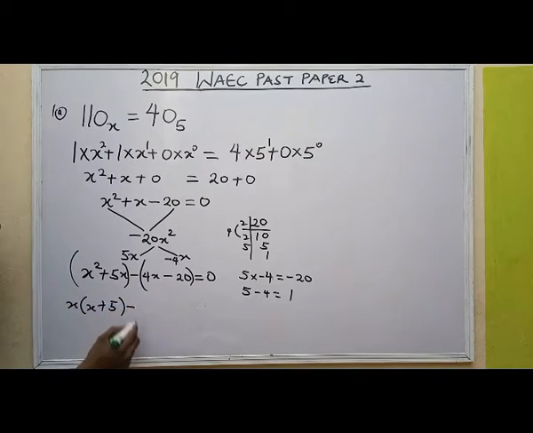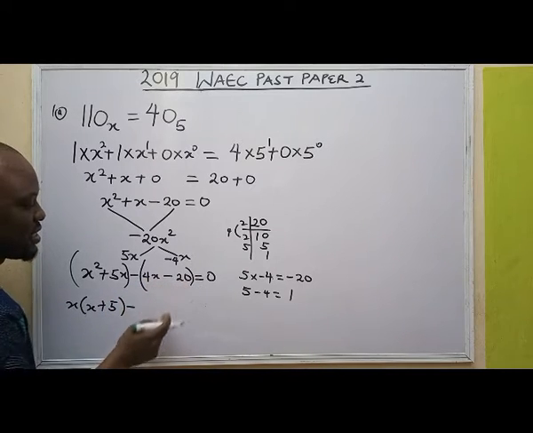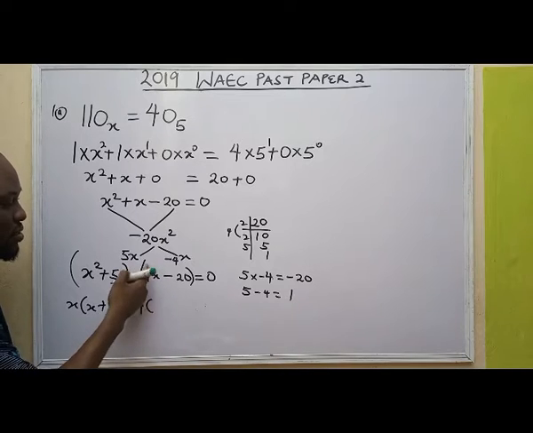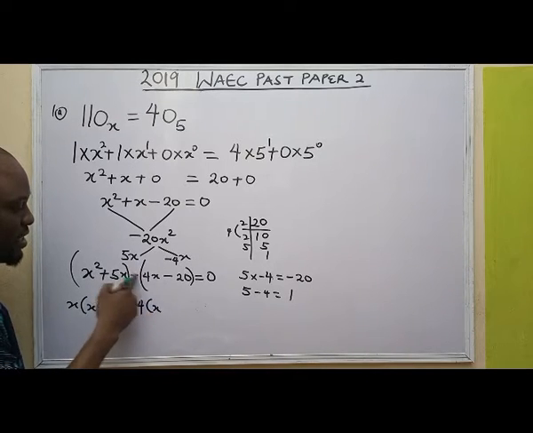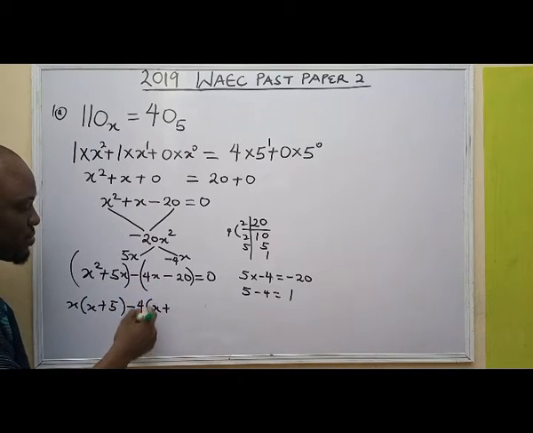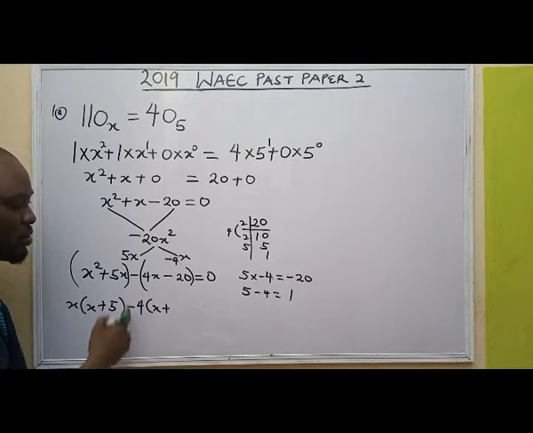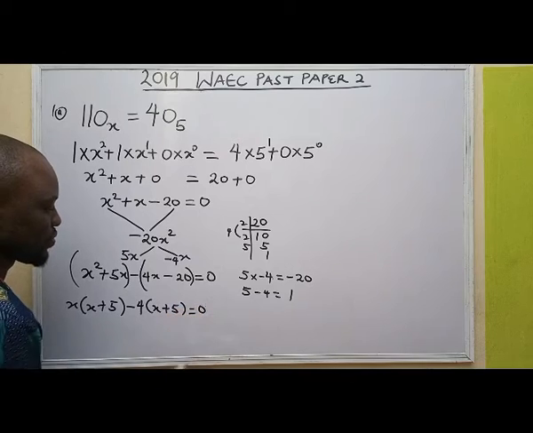Then this is minus. I'll find the highest common factor between this and this. The highest common factor is actually 4. So I'm going to say 4x divided by 4 will give me x. Minus minus will be plus. I'll do the same thing. 20 divided by 4 will be 5. So I'm going to write 5 equals 0.